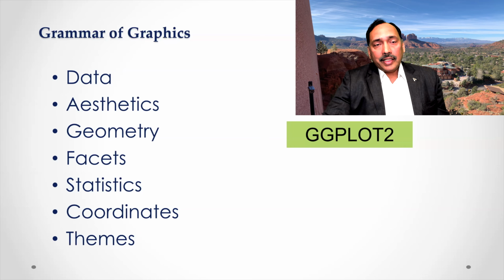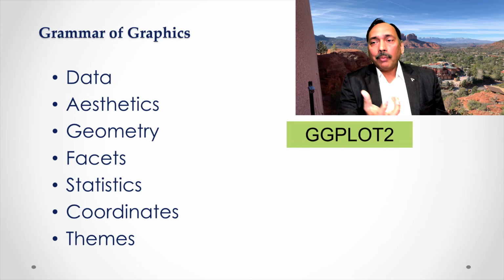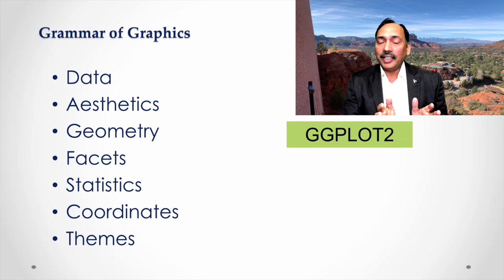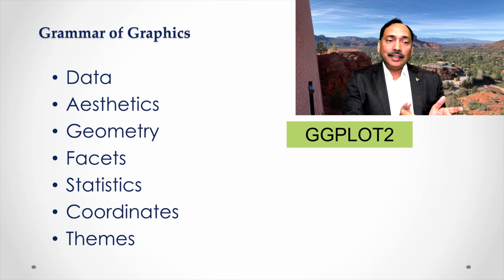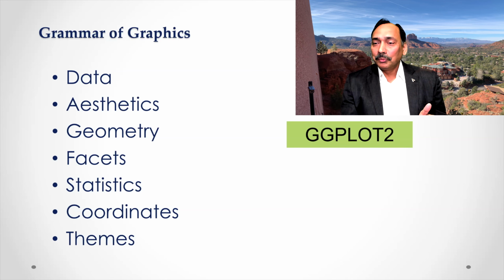One thing that is important to note is that this grammar, or the rules that we have, are necessary for good data visualization. They are necessary, but they are not sufficient. So, for example, a simple sentence like, this dog is very cute.